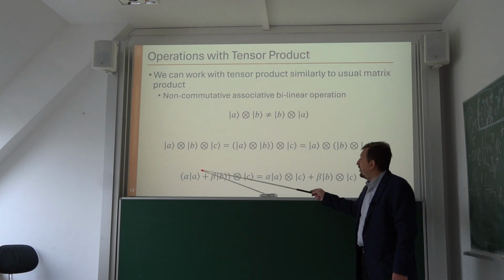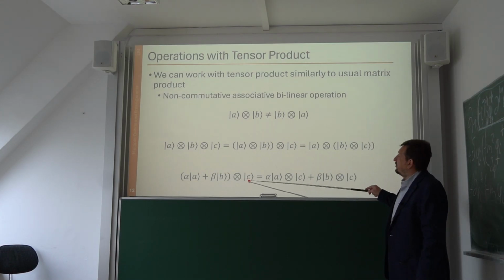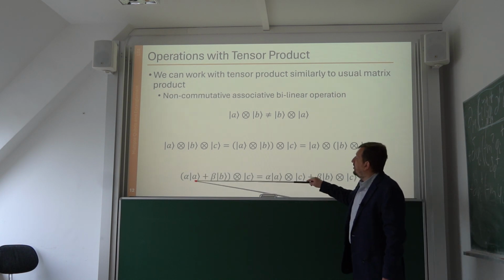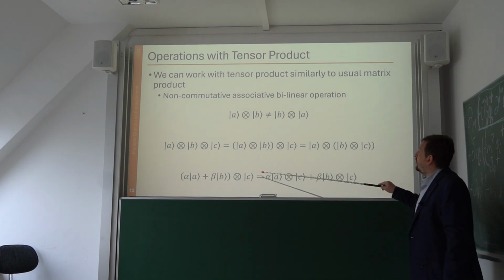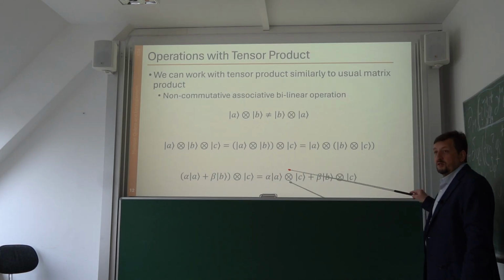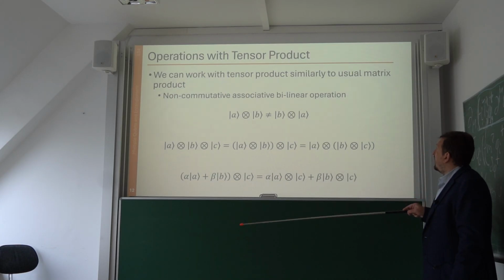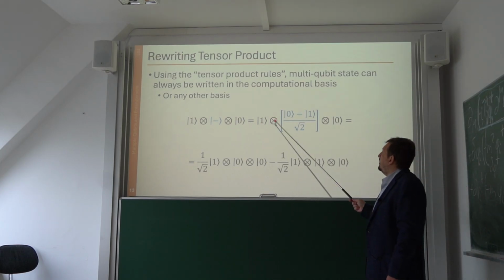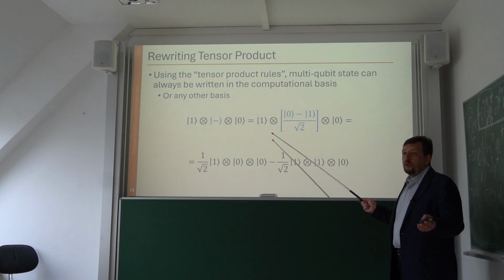For example, if you have qubit number 0 in state C and qubit number 1 in a superposition state, you can open this parenthesis and write it as two terms like that. Using this way, we can write any state; say, we can write this in the computational basis.